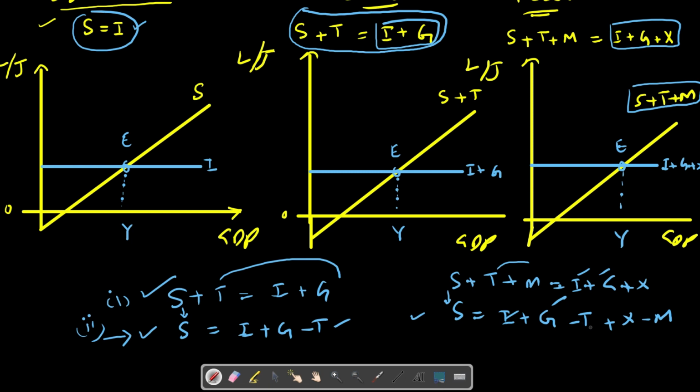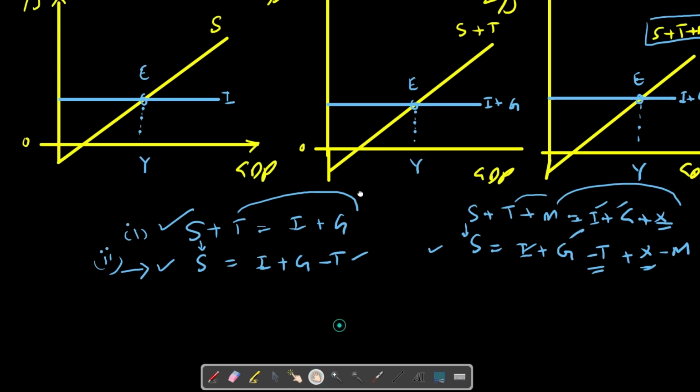So it was plus tax, now it is minus tax, and then plus exports, and then I moved imports to the other side, and this is minus imports. So it also satisfies the condition of equilibrium. As I told you earlier, the last thing I'll be explaining is the change in national income due to a change in injections.